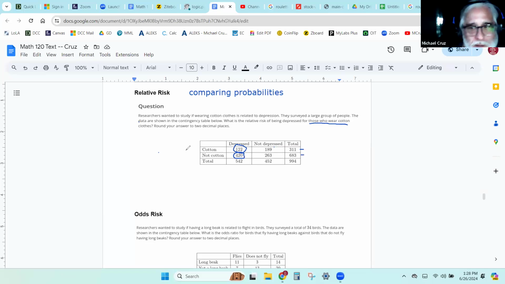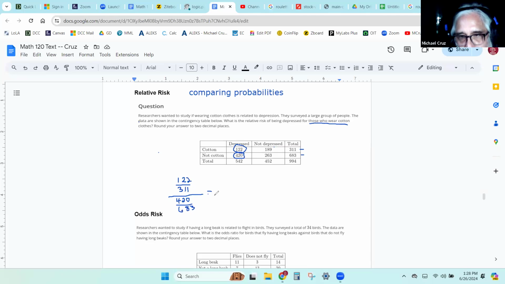So then what we got is 122, 311, and then the proportion we're comparing it to, we're creating a double proportion, 420, 683.